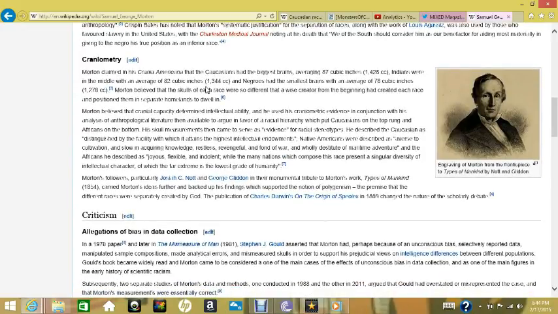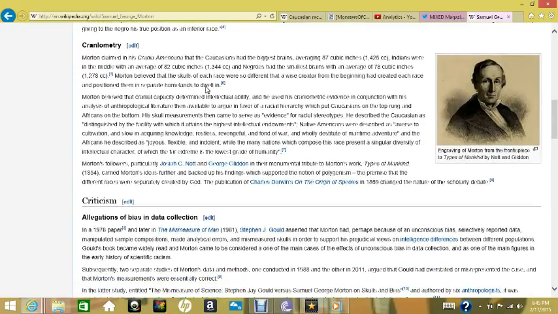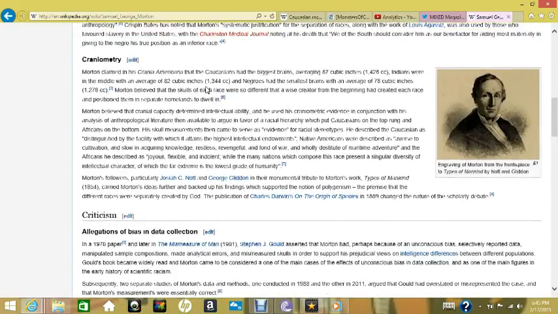This guy right here, he came up with the term. This is what they focus on, brain size. I love when they say this. Morton claimed that the Caucasians had the biggest brain, an average of 87 cubic inches, or 1,426 cc.